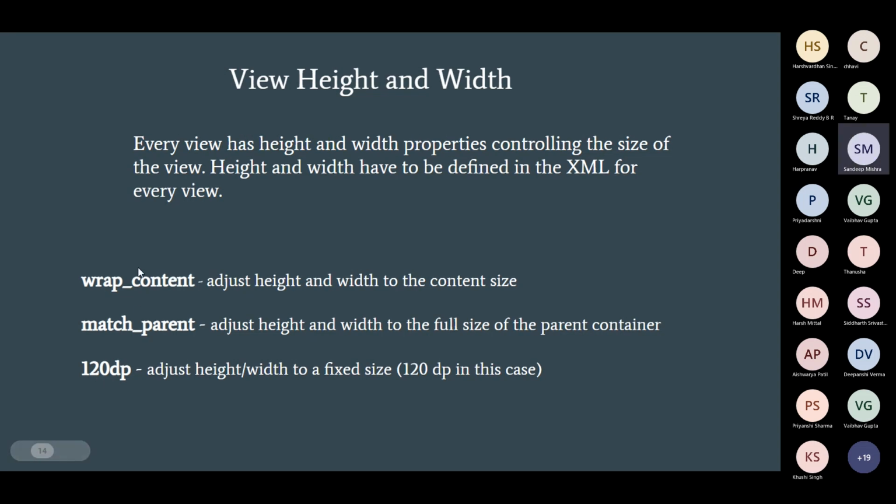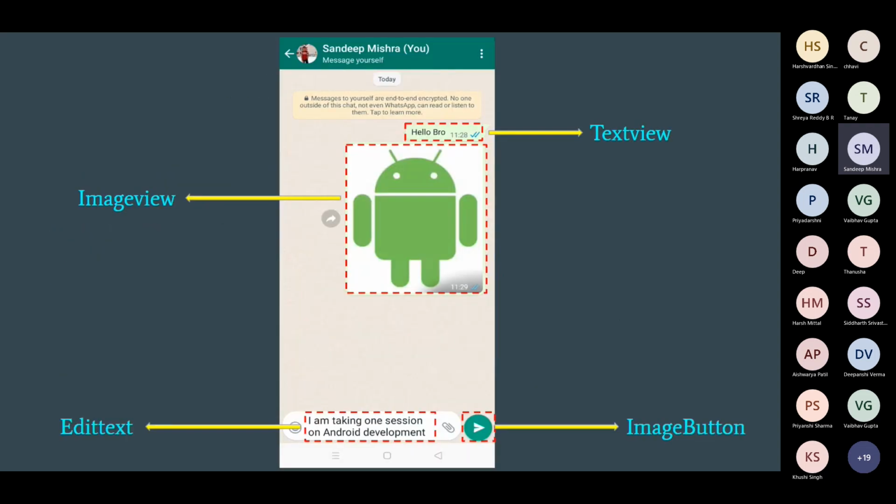First we'll discuss what wrap content is. It is a type of value which keeps our image or view height or width equal to the content size. I guess it is not clear right now, so let me explain. If our image has a size like this and we place it as wrap content, then it will take its complete size.